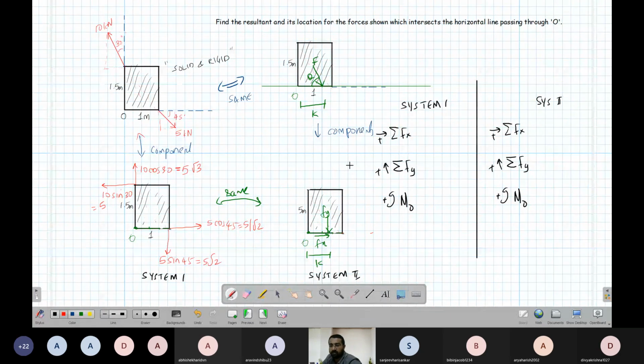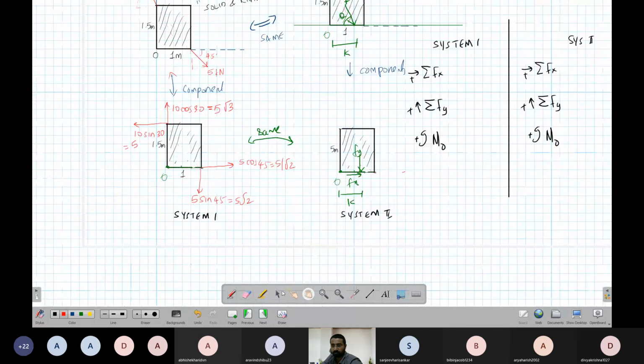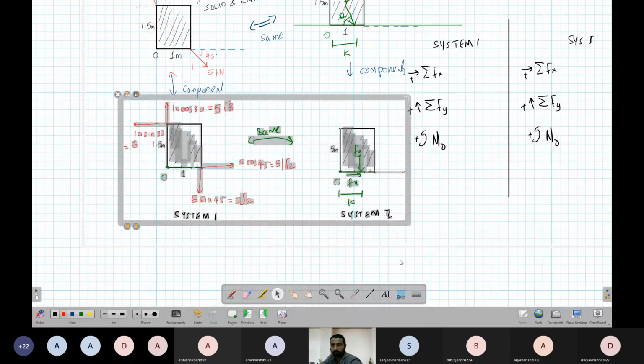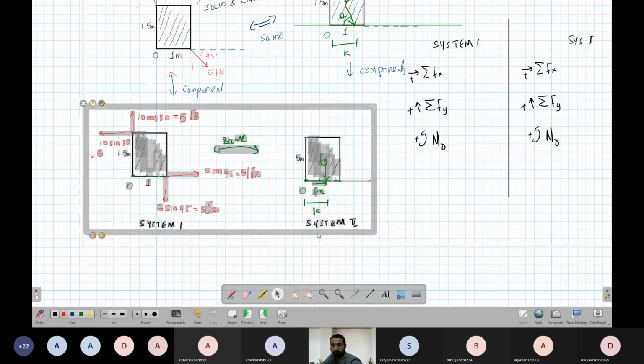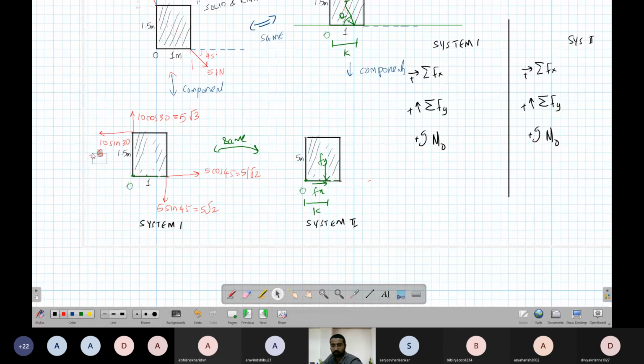Now I'll make some space here. All the forces are in kilonewton.